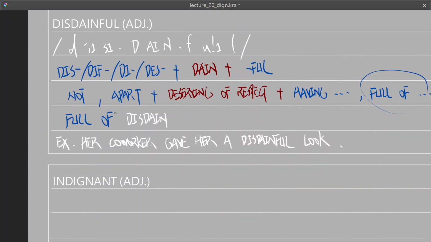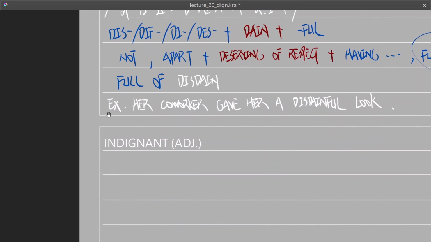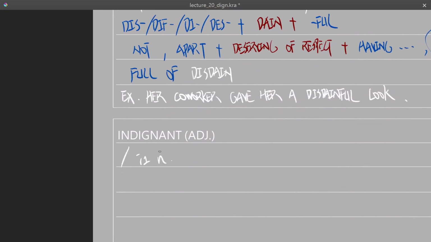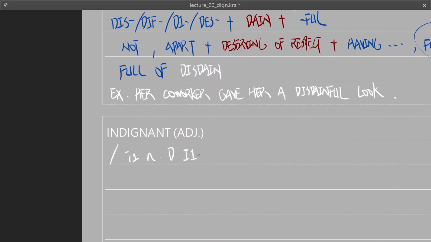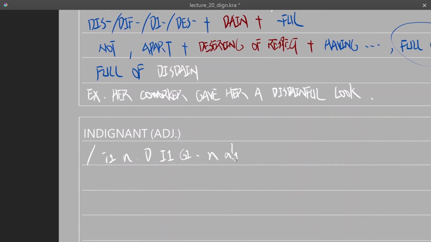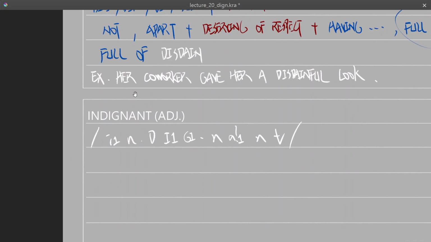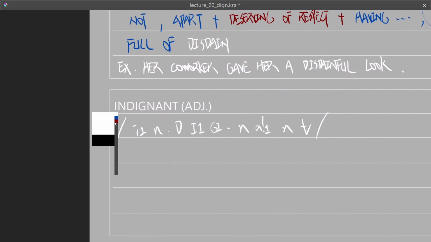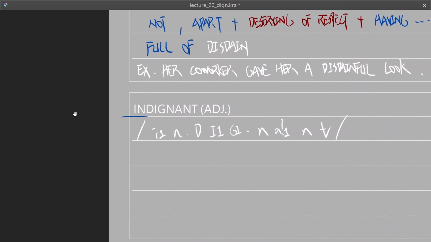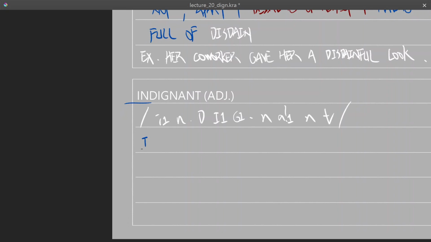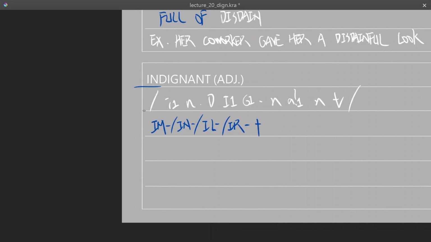Alright, next we have indignant. The first lazy vowel, a schwa sound. And we have the prefix IN, which is a variant of IM. So IM, IN, IL, IR, it's a common negation prefix.